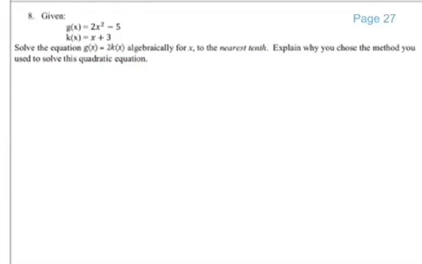Question number 8, again, is asking you to solve algebraically when g equals 2 k of x. G of x and k of x are different numbers from number 7, but you're still going to be doing it the same way. They want you to solve for x to the nearest tenth, and they want a sentence as well.